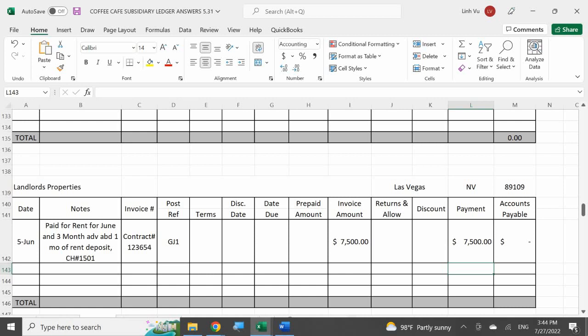Once again, the formula is going to be invoice amount, subtract prepaid, subtract returns, subtract discounts, subtract payments. And that's going to give you this number here. Now, can you apply this to all your vendors? Absolutely. Yes, you can, but for me, I'm going to do it as I go.